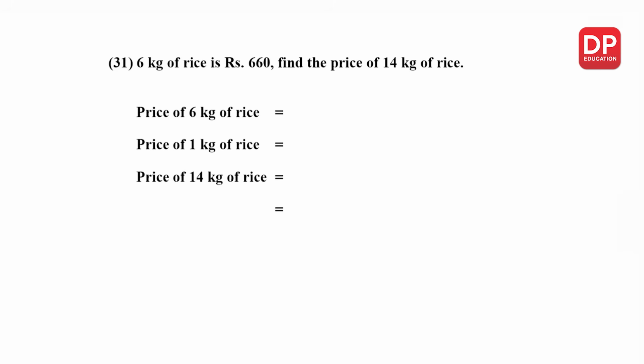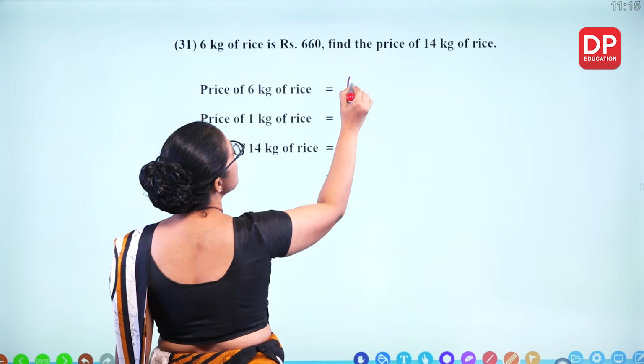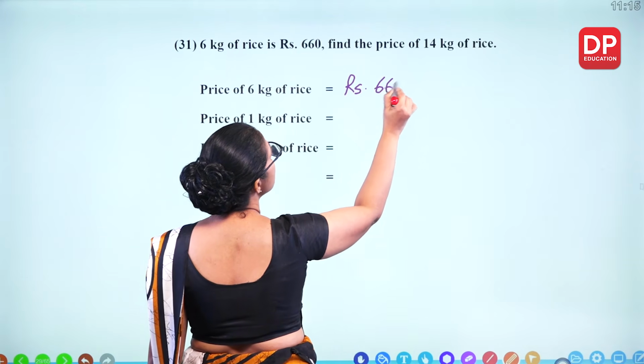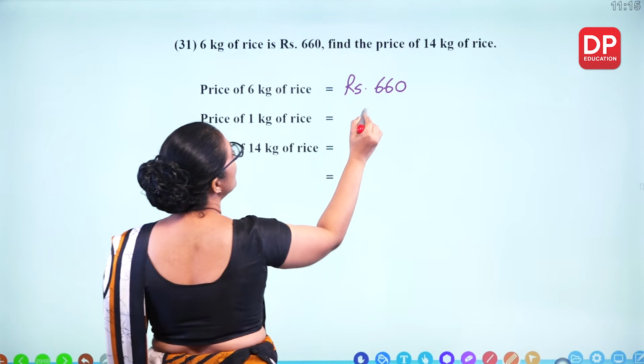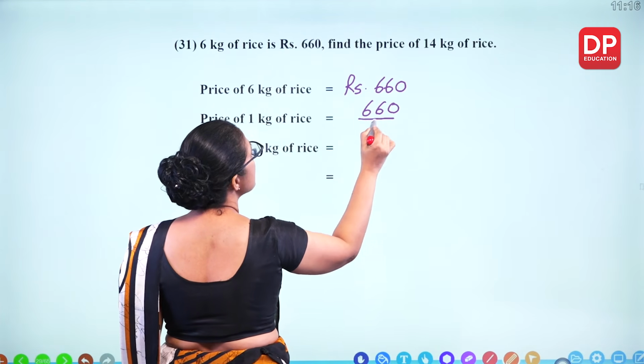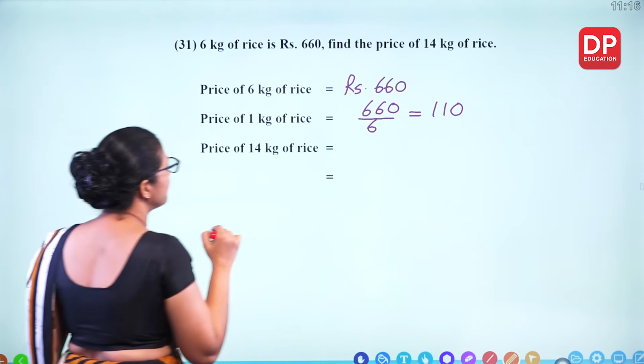6 kilos of rice is 660 rupees. Find the price of 14 kilos of rice. So what's 6 kilos of rice? 660 rupees. So what is the price of 1 kilo? You divide by 6. That's 110.